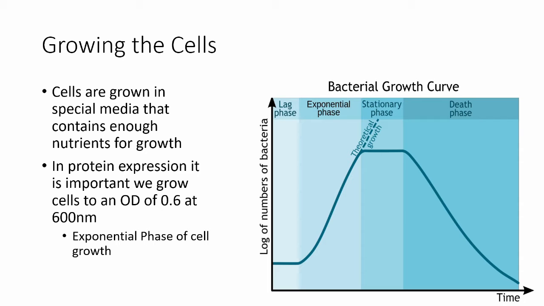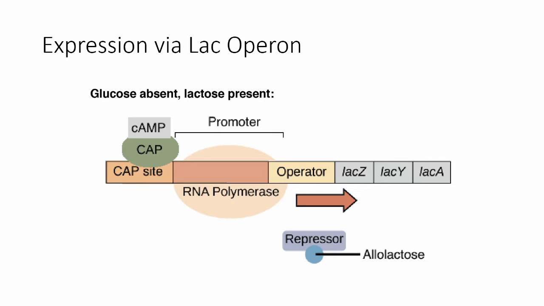In order to express a protein of interest, it's very important that you understand how the lac operon works. The lac operon is an operon found naturally in E. coli cells. It was in our E. coli BL21 cells, and we didn't add this, it's just there.